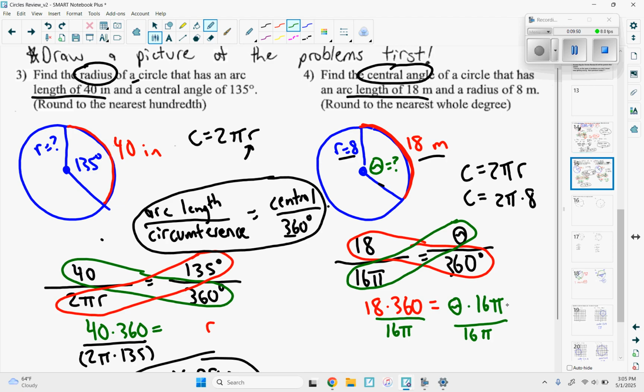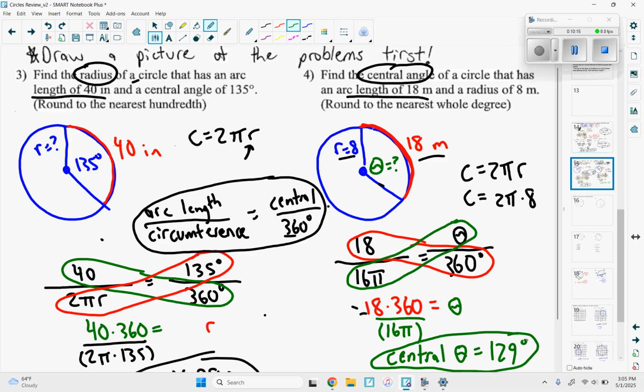Again, I cancel out my 16 pi on the right side. So my angle theta is going to be 18 times 360 divided by 16 pi. And so you get an answer for the central angle, which is theta, is approximately 129 degrees if you round to the nearest whole number. Boom.